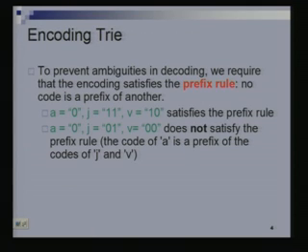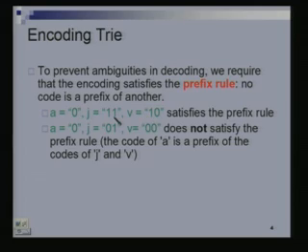So to prevent ambiguities in decoding, we will ensure that our encoding satisfies what is called the prefix rule, which is very simple. It says that no code is a prefix of another code. By code I mean the bits I use for a particular character. So जैसे जब this was our code, you can see 0 was not a prefix of either J or V, and J and V were also not prefixes of each other.